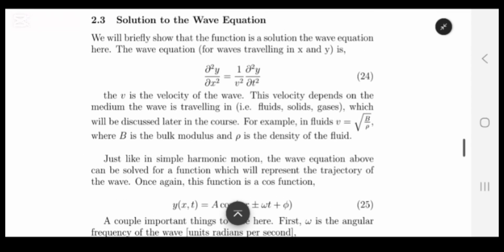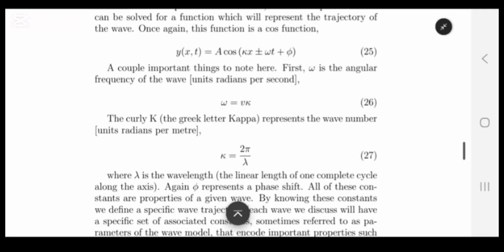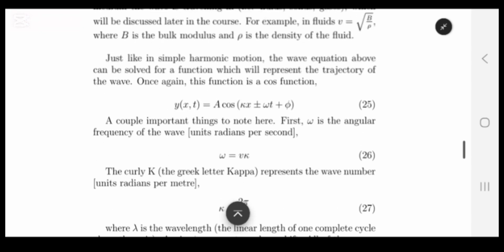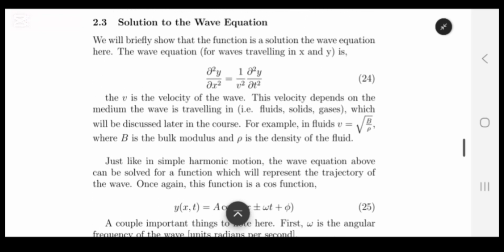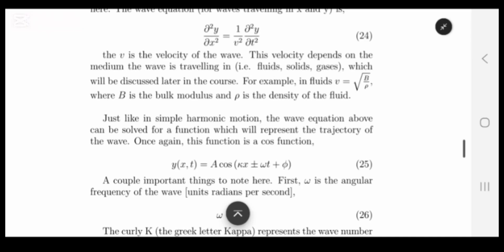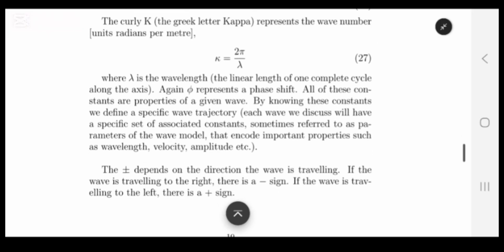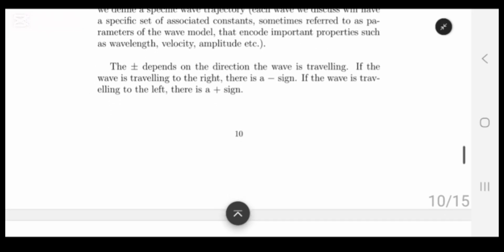What about those signs? I want to go back to those signs there, because I said before, you could have a plus or a minus here, right? So let's say this is the positive x direction like usual, this is the negative x direction. If we're going in the positive x direction, we would have the negative sign there. If we're going in the negative x direction, we would have the positive sign there. Okay?